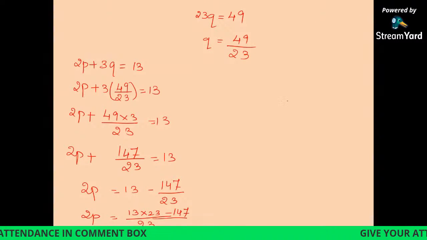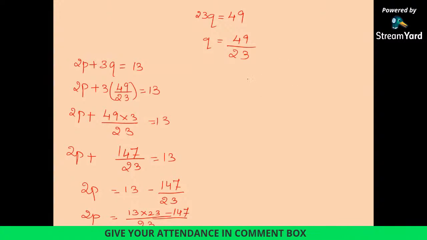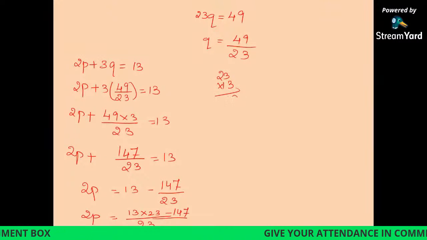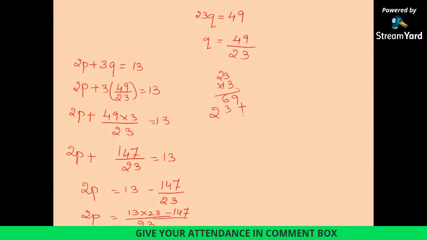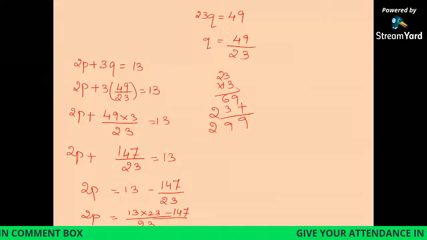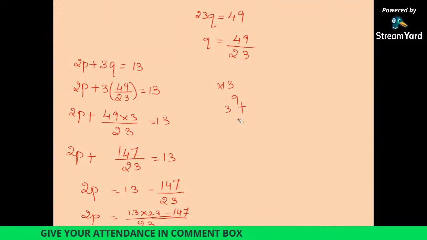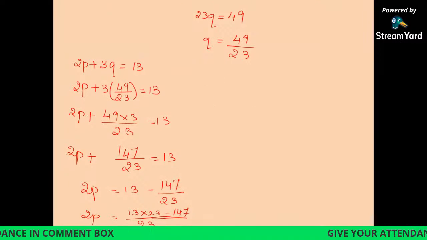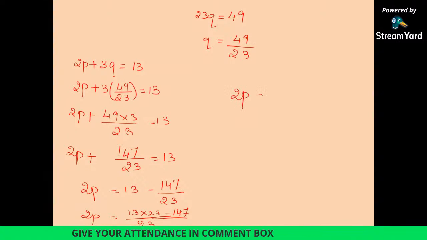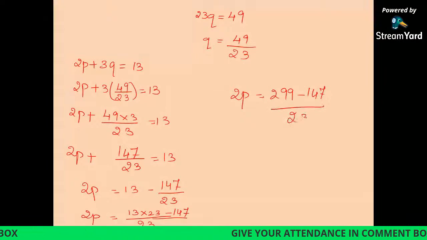Yes, here you are going to get 23 into 13, which is 299. 2p is equal to 299 minus 147 divided by 23.